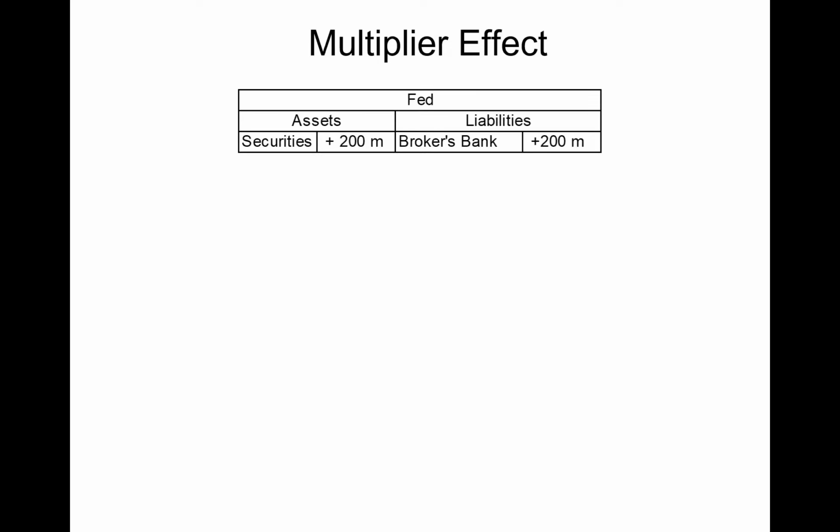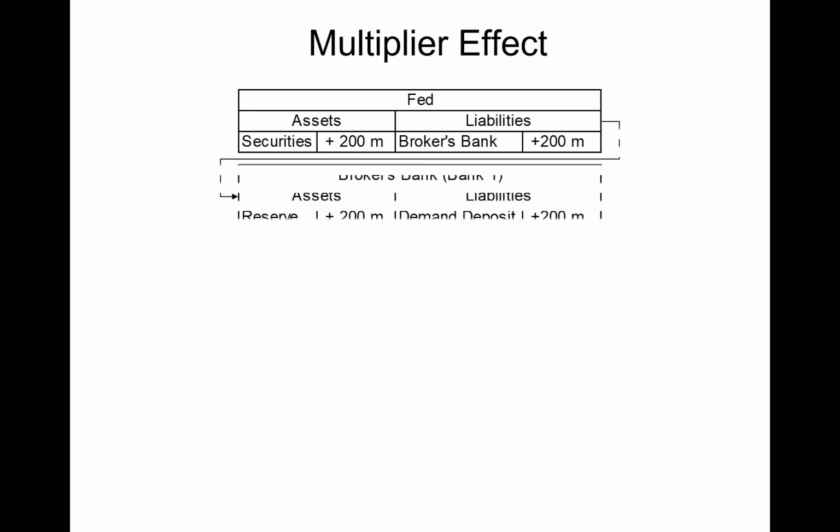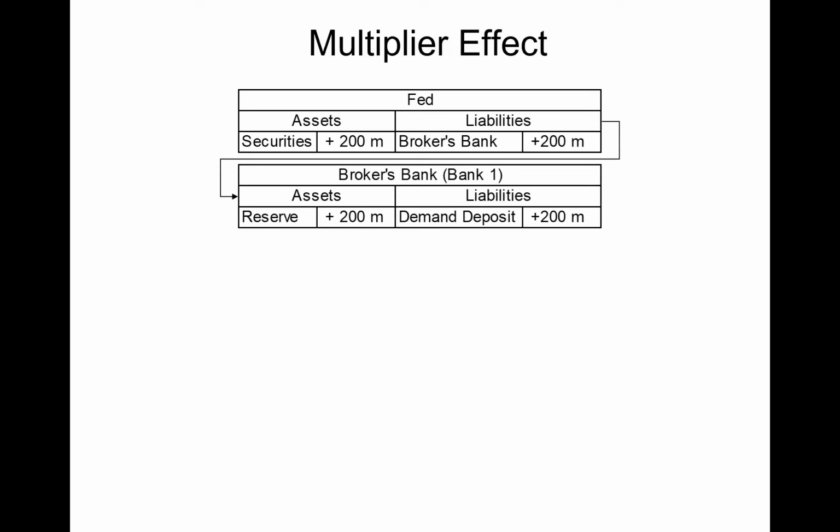So the Fed did an open market purchase of securities from the broker. In the next step, the broker's bank now has excess reserves of $200 million and an extra deposit of $200 million.